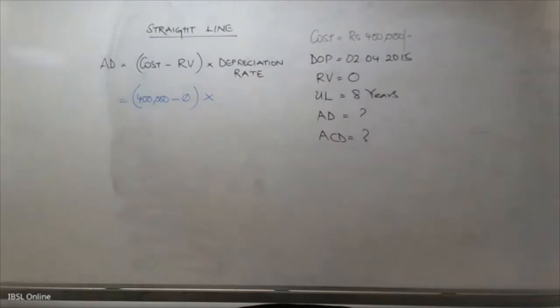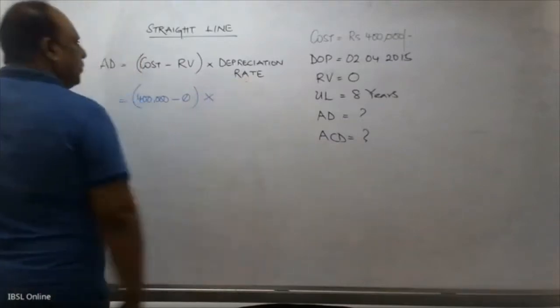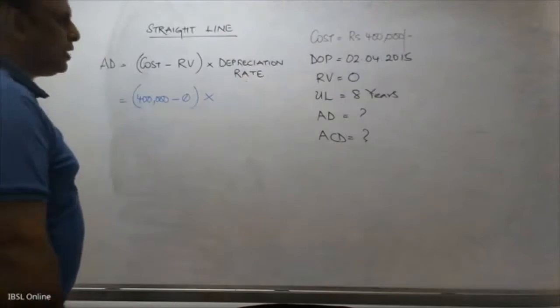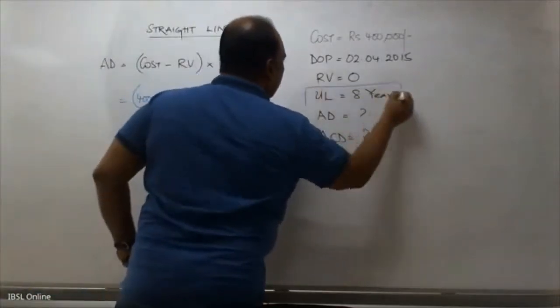Can somebody tell me? 12.5%. That is the calculation that you have to do. In order to make use of the depreciation rate, you need to calculate it using the factor given here.